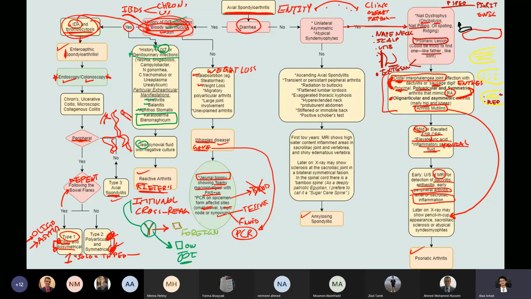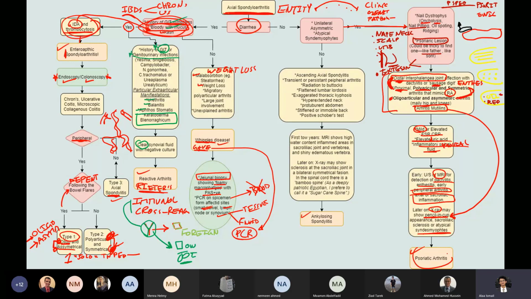Later on, as the disease progresses, you could order an X-ray, and this X-ray is going to show you the unique deformity for this disease, pencil and cup appearance, sacroiliac sclerosis, or atypical syndesmophytes. That was about psoriatic arthritis.